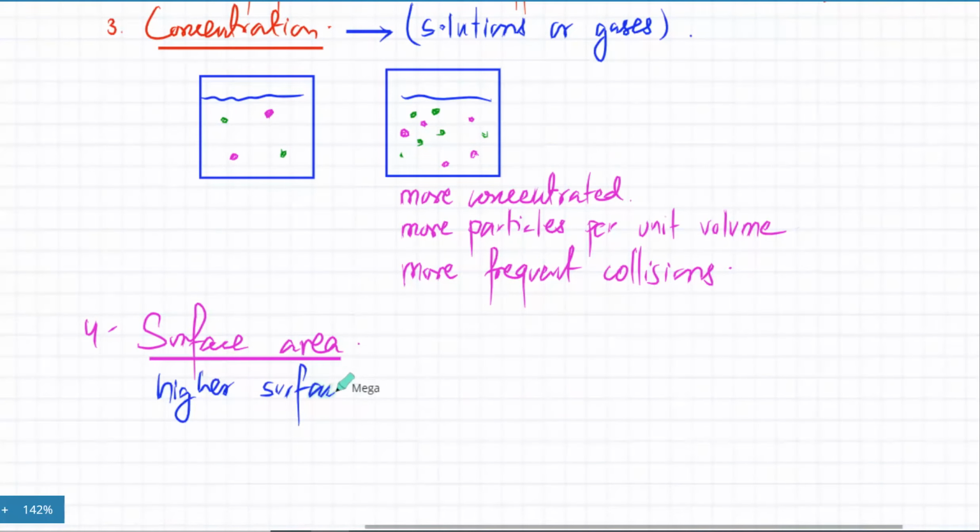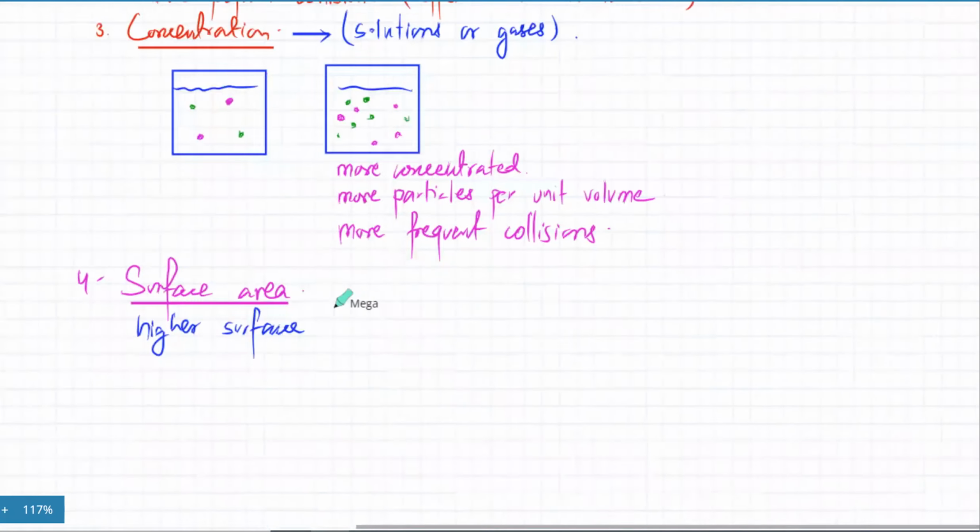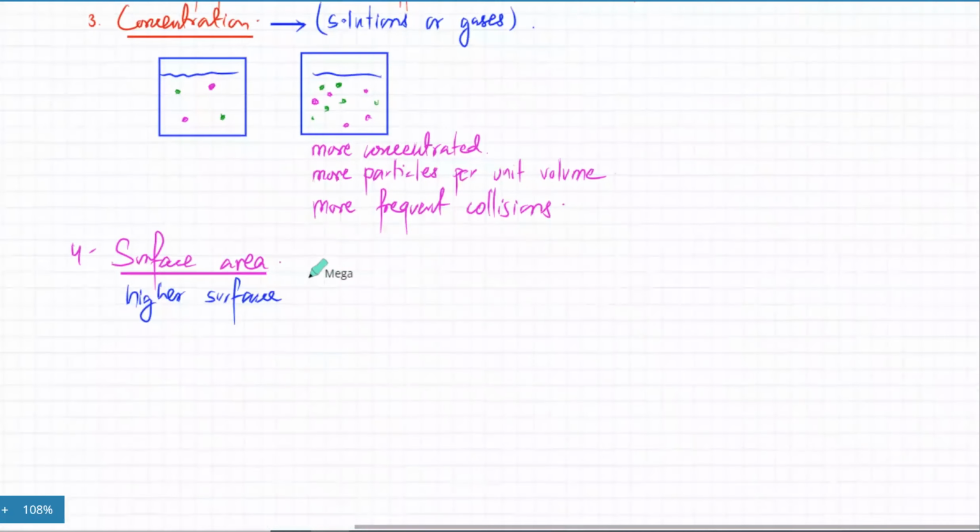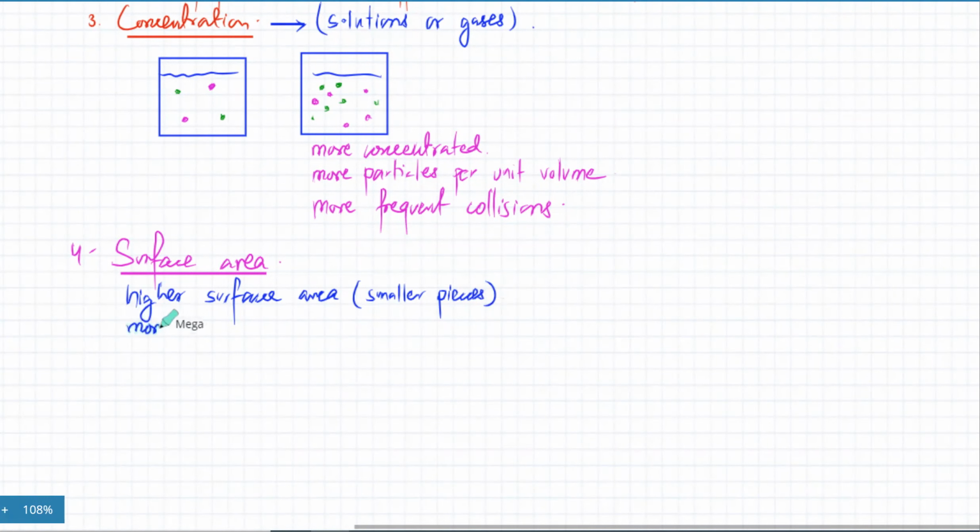In powder state, the collisions are going to be a lot more. So only more frequent collisions.